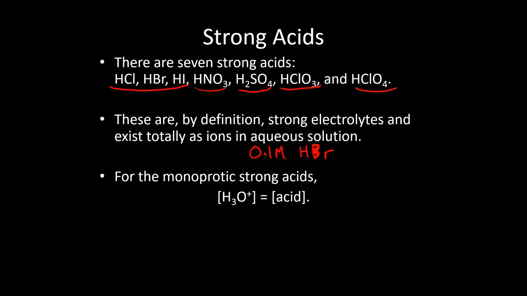If you know you have 0.1 molar HBr, you also know that you have 0.1 molar H+. Because by definition, every last one of those HBr molecules that you put into the water breaks apart into H plus and Br minus. And so whatever concentration of HBr you have, you have the same concentration of both of those ions.